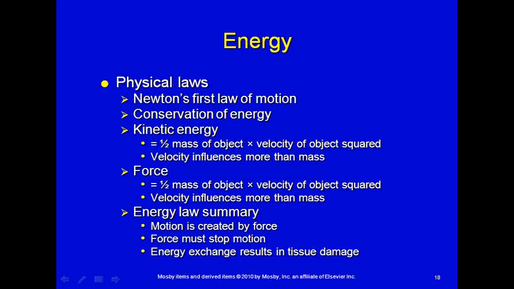So if I take 400 times 100, then I end up getting 40,000 kinetic energy units. I only increased the speed by 10, but I've quadrupled the kinetic energy units that my body would be exposed to should I have to stop suddenly. So that's what that's all about.